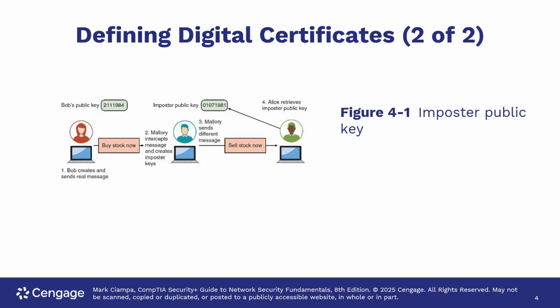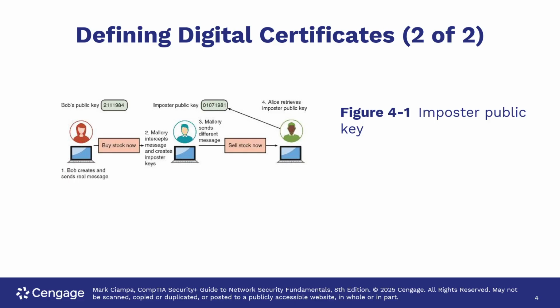So you see here in this picture, Bob's public key is being used to buy a stock. Bob creates and sends a real message. Okay. Mallory intercepts the message and creates an imposter key. And this is one of the weaknesses in that. And then Mallory sends a different message, sell the stock now.